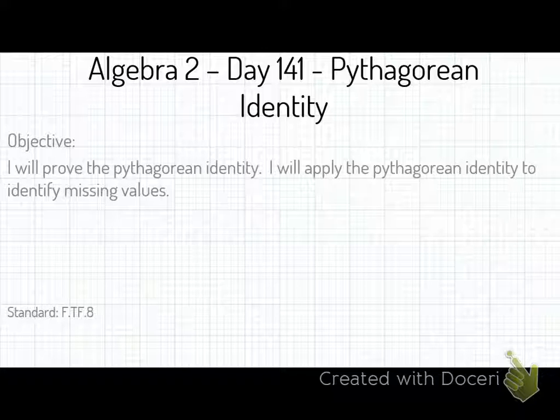Okay, so the Pythagorean theorem. When can we use it? On what specifically? A right triangle, that's correct. Can we use it on any triangle? No, we can't use it on any triangle, but we can use it on a right triangle.